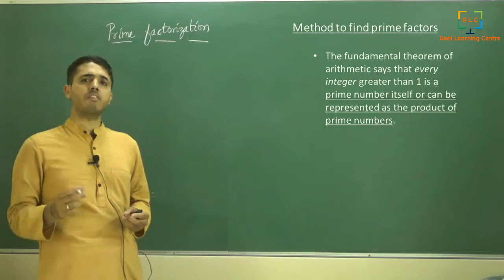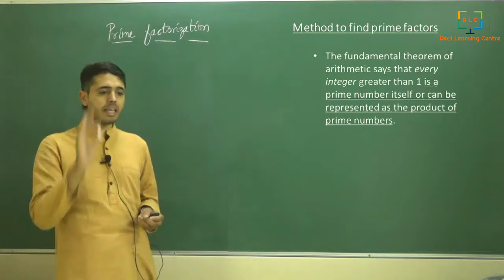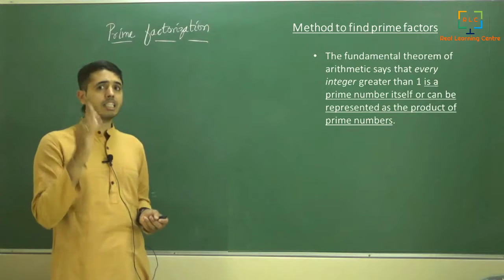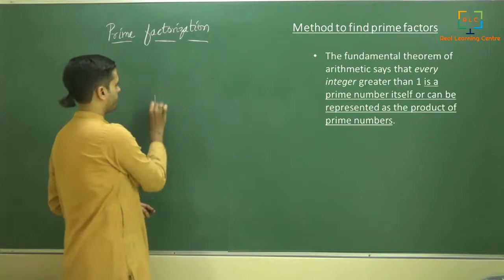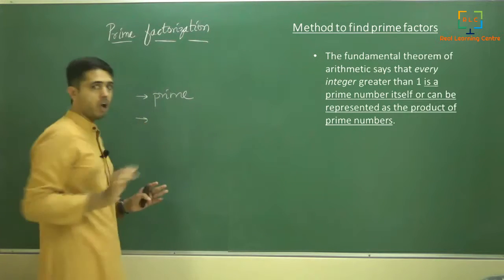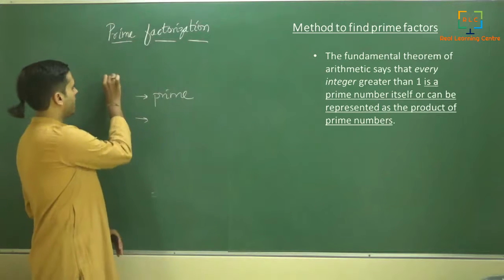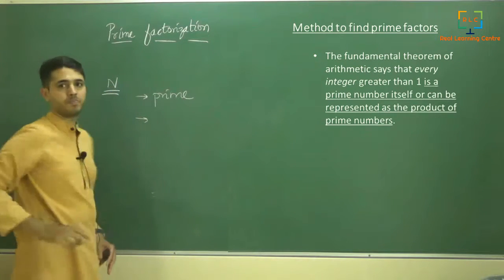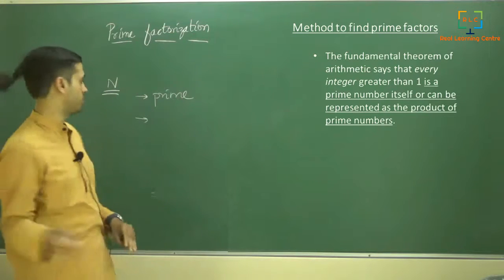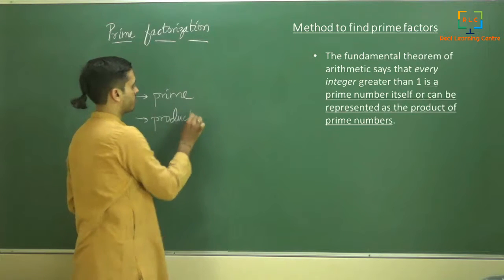The fundamental theorem of arithmetic says that every given number, take any number which is greater than 1, either that number is prime, or we can represent that number, say the number n, as a product of prime numbers.